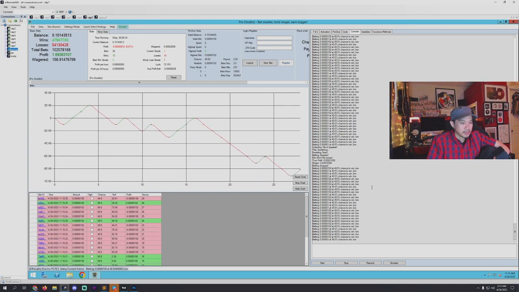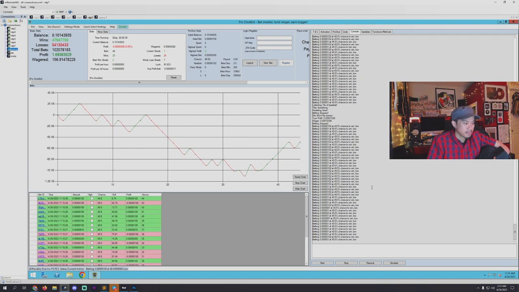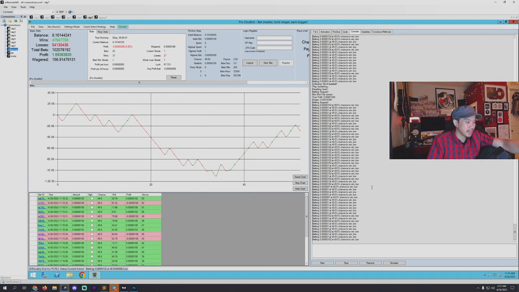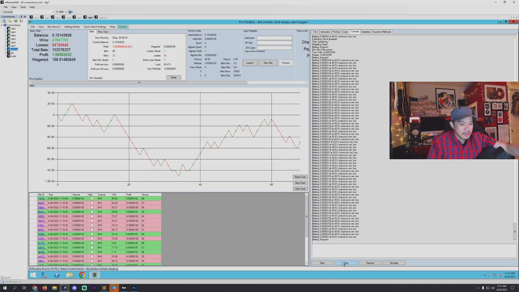Here we go. Boom. Yeah, so it bet at 10 and it won 10. So let me stop this. Where's the bet? Ah, damn it. I saw it, but I should have stopped it. So right here is where negative 1,000 is.